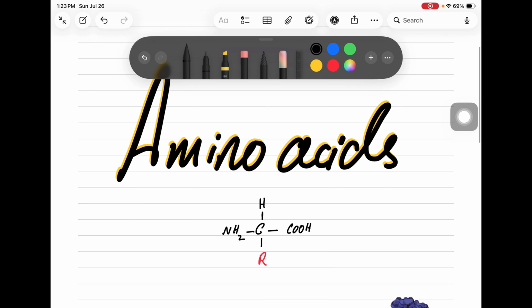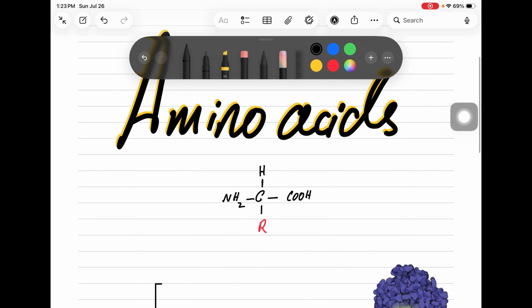Before diving into the amino acids, it is important to know that amino acids are the building blocks for proteins. So you have to understand amino acids in order to understand what kind of function those proteins could have with the amino acids that are provided to them.